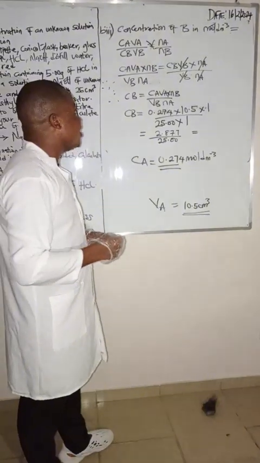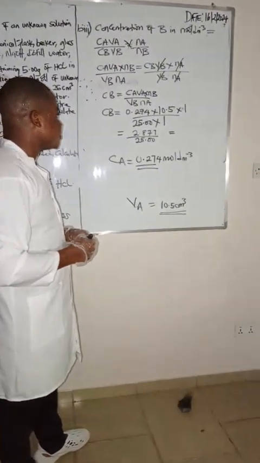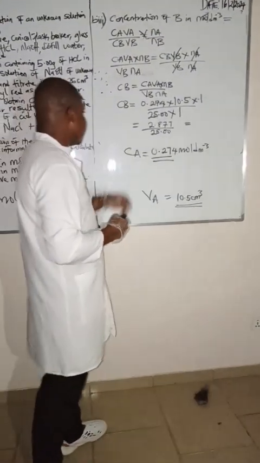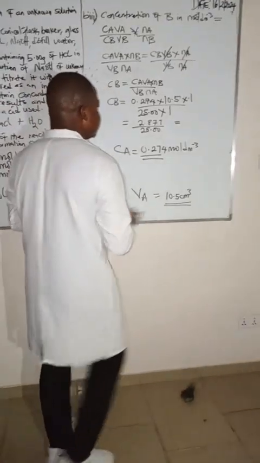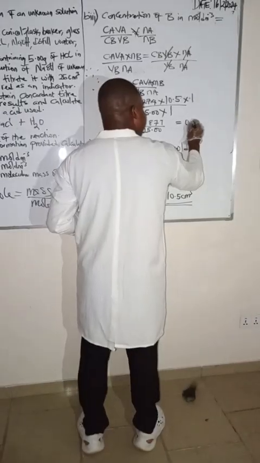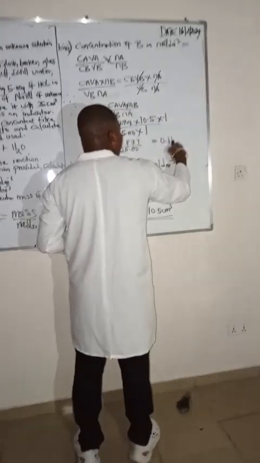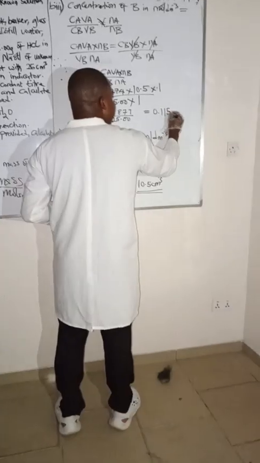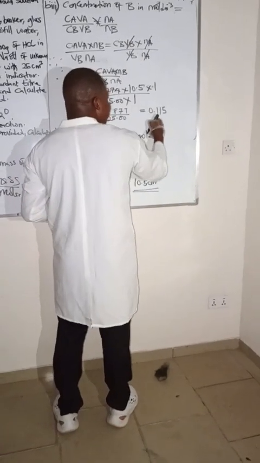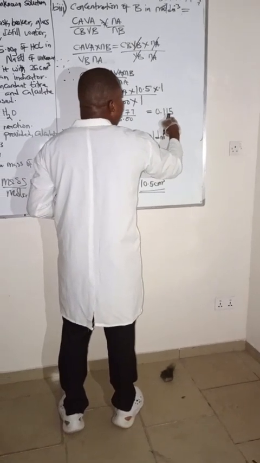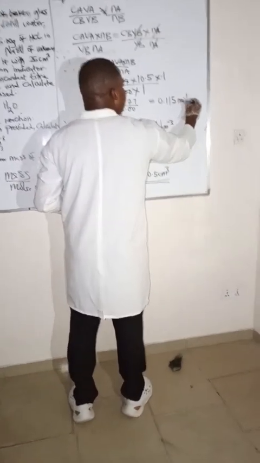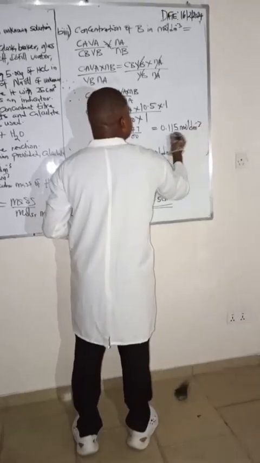The fast, those of you calculating the fast. 0.115. What numbers follow there? 08. After the 5 is 08. Okay, we'll leave it at 0.115 mole per dm cube.